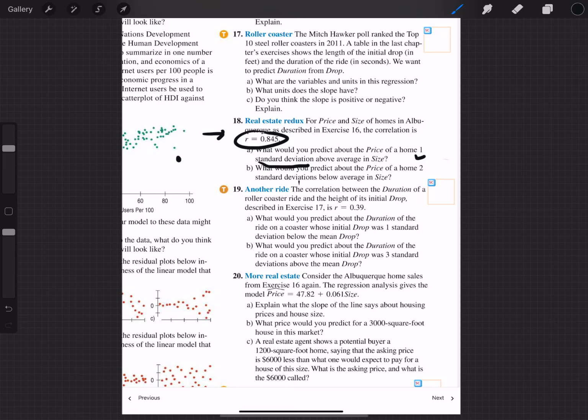Okay, so if it's 1 standard deviation above, I would probably say that price is 0.845.